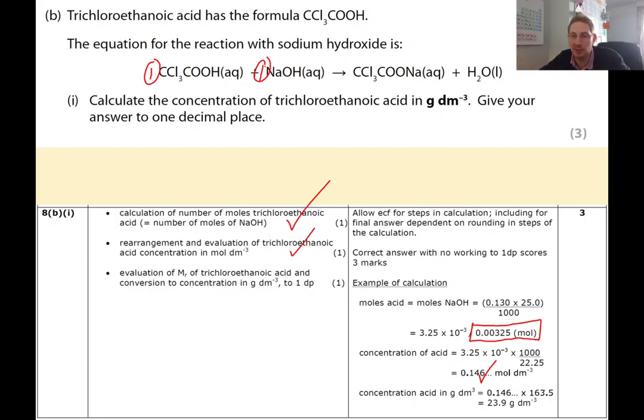So we need the formula mass, 163.5 grams per mole, times that by the concentration, and that will give us the number of grams per decimetre cubed. All we've done is convert the number of moles in 1 decimetre cubed to the number of grams in 1 decimetre cubed. So that's your straightforward moles is mass over Mr equation being used in the last part, in case you hadn't quite gotten that.